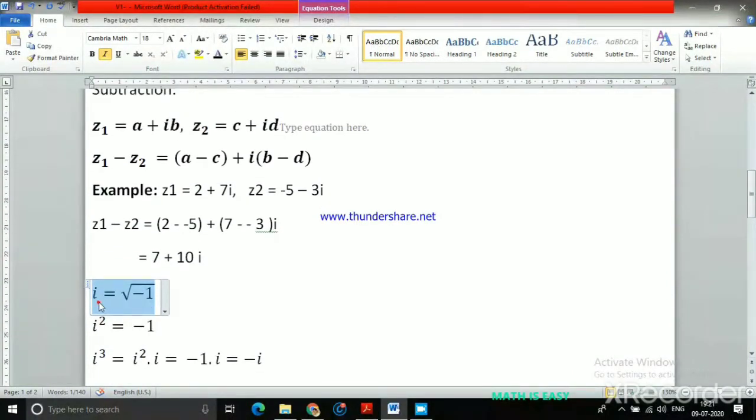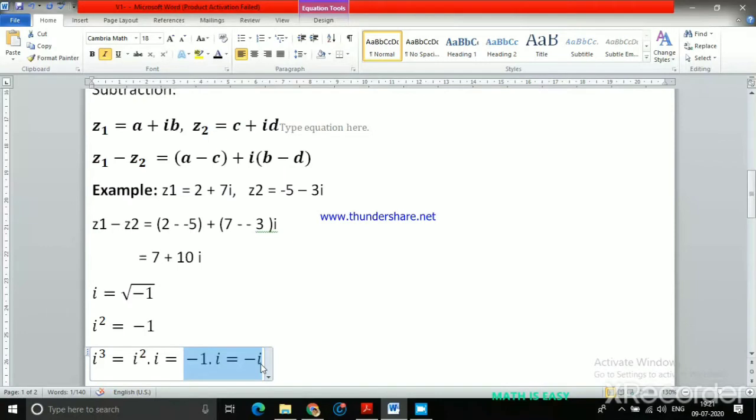So I'll take the value of i as root minus 1. If I square both sides, this becomes i squared equals minus 1. So the i squared value is minus 1. If I want to find i cubed, you can write this as i squared into i. We already know i squared is minus 1, so minus 1 into i becomes minus i.